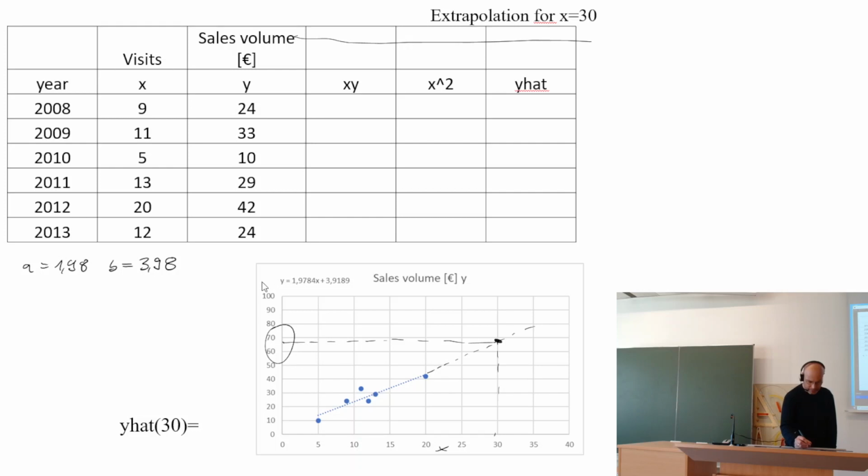So this is X and this is Y. My regression just was y hat equals A plus B X.